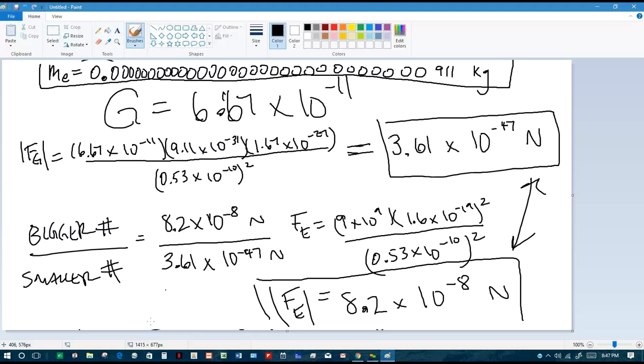Then use the math and divide it out, because that's what they wanted for that problem.